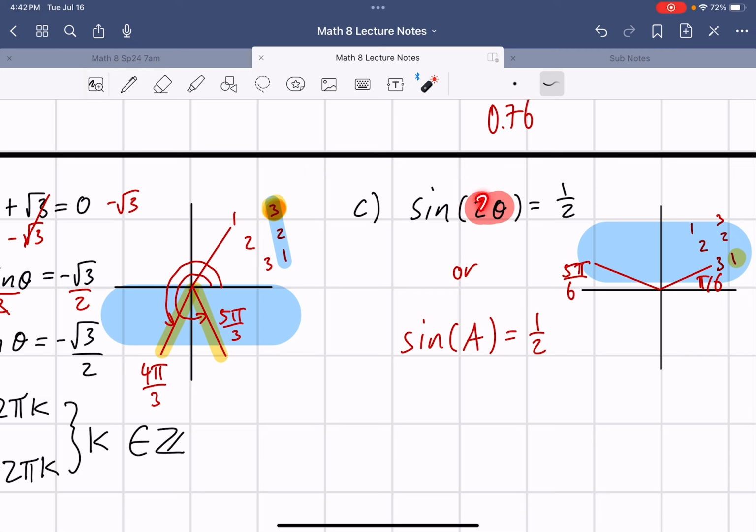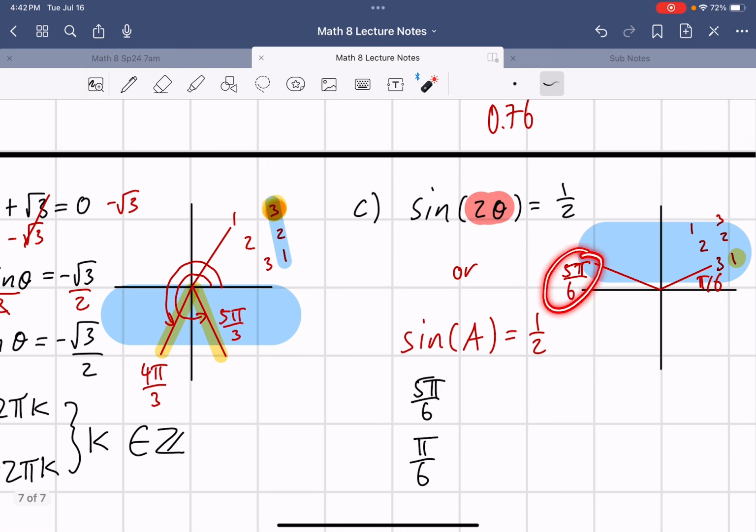But that's not when 2 theta is, because theta is different than here. So what we need to do is, we know that sine is equal to 1/2 in 2 places, at 5 pi over 6 and at pi over 6.